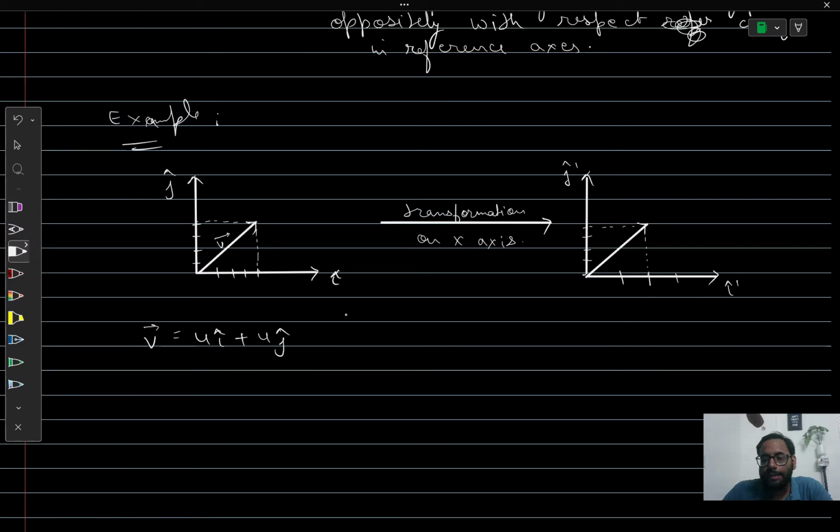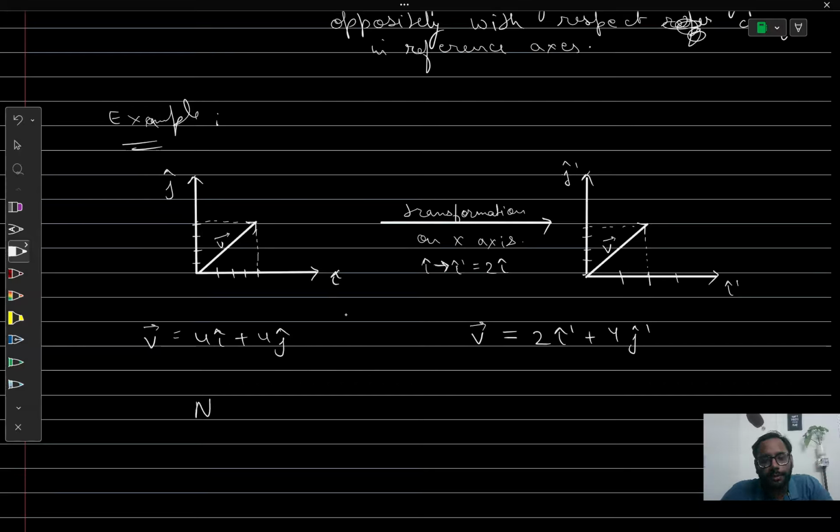The transformation is that I changed i to i cap prime, which is just doubling it. This is again the same geometric object, the same vector, but now it will have 2 i cap prime plus 4 j cap prime as its components and directions.